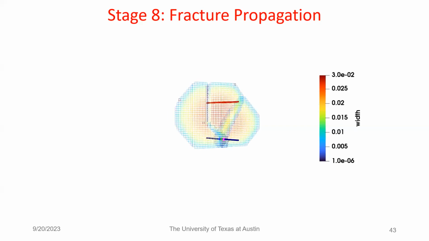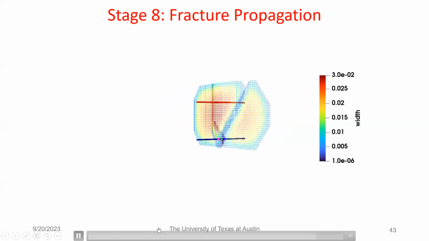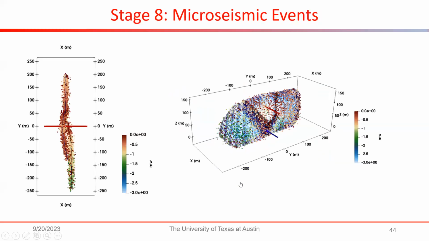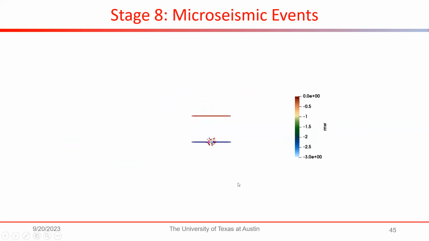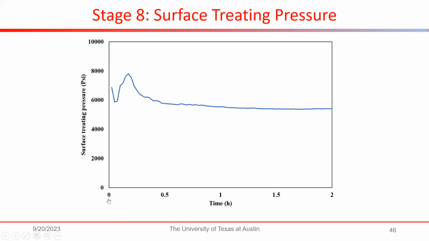And so you do get one of the fractures clearly intersecting the wellbore, and the other 2 are marginal. They are unlikely to intersect the wellbore with this more viscous fluid, and the microseismic events for this stage as well. This is the treating pressure for this particular treatment.